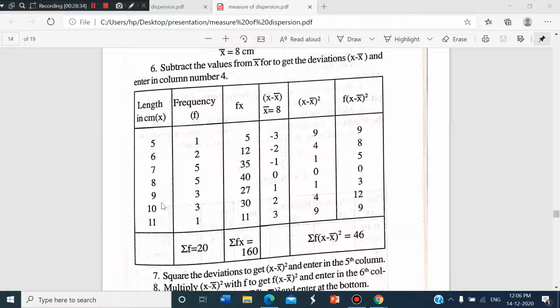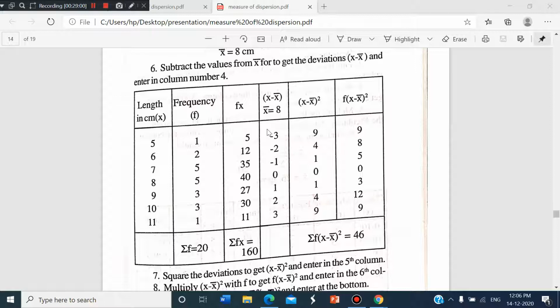Here, in order to get the 1, 2 and 3, you will get. So what you have to do is simply multiply the length with the frequency. Fx you will get. Once you get the fx value, you can calculate x minus x bar, where the mean value is 8 in the given set of data.